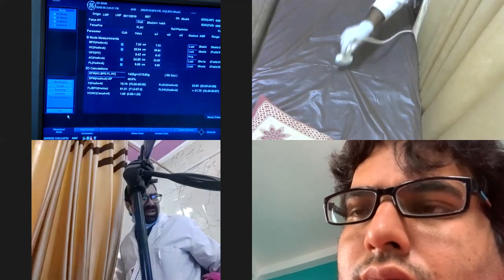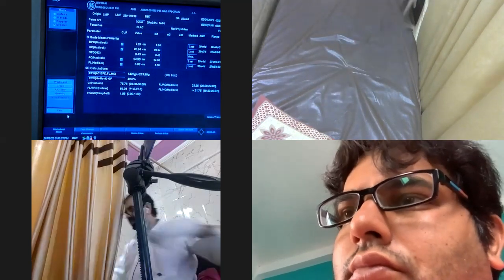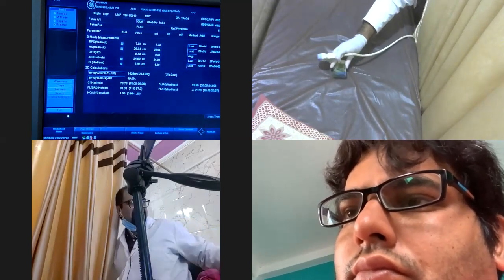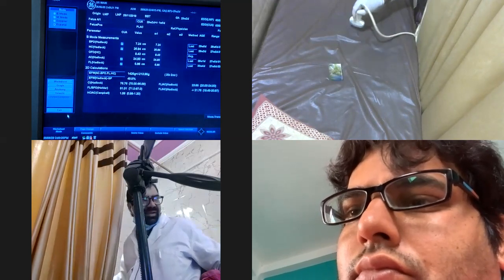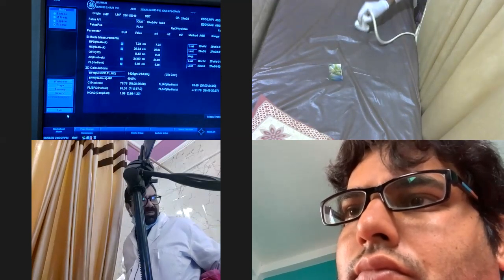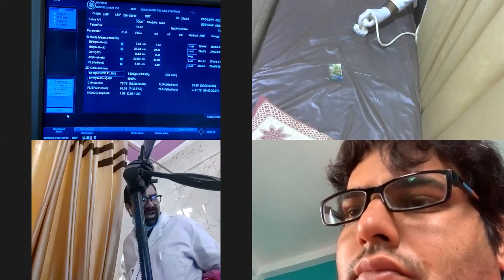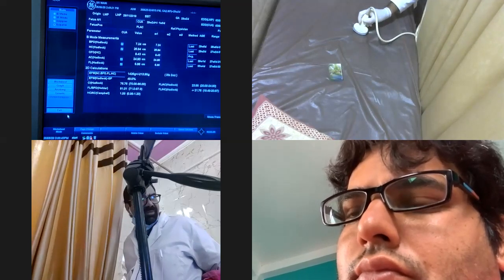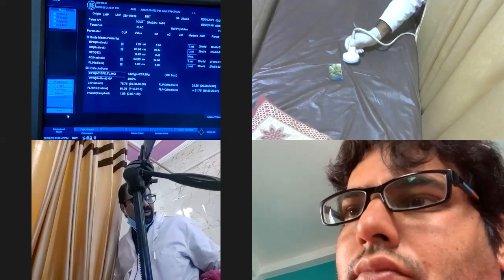Now the point is, if this pocket is empty, let me put some over here. If I don't have any pocket over here, when I put my probe over here and tilt it like this, what am I hitting? I am actually hitting this pocket.